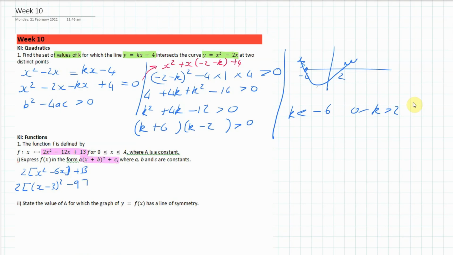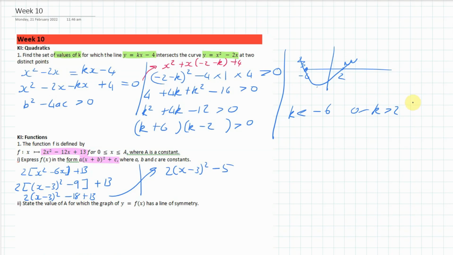Okay, so I've got to have that minus 9 there, so that when I expand my x minus 3 all squared, I end up with just x squared minus 6x. Put my square bracket at the end of that, then my 13 there. And when I expand that, I'm going to get 2 bracket x minus 3 all squared minus 18 plus 13. So that gives us simplified 2 times x minus 3 all squared minus 5.